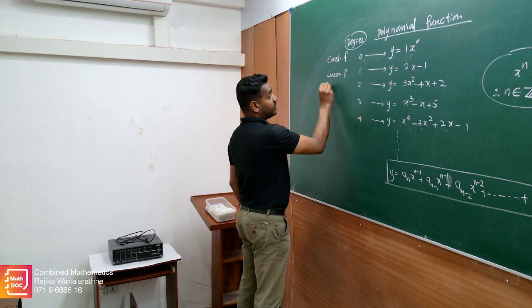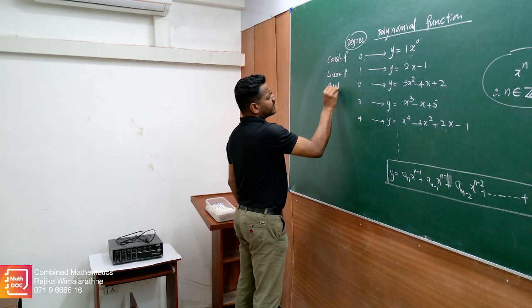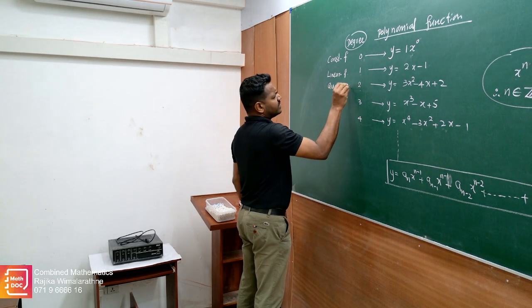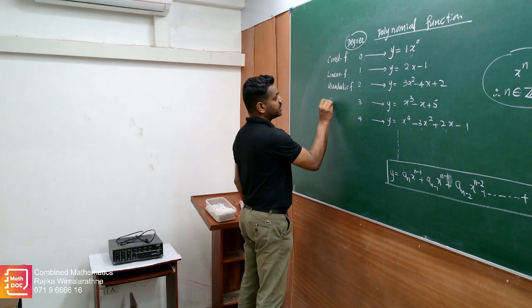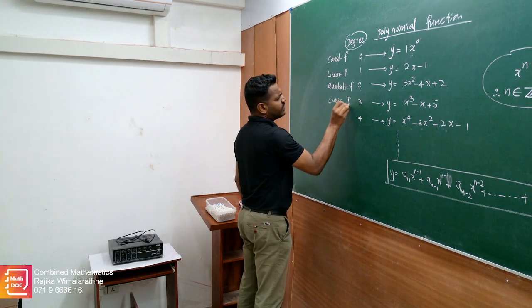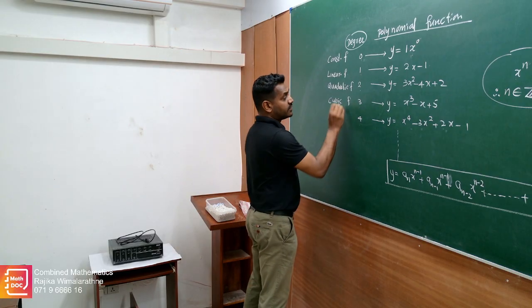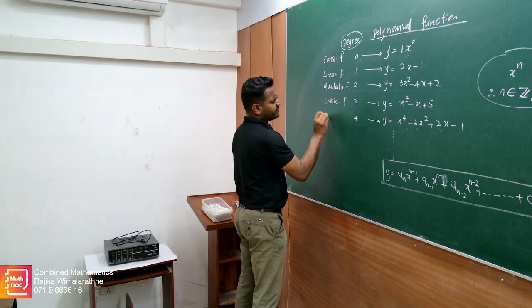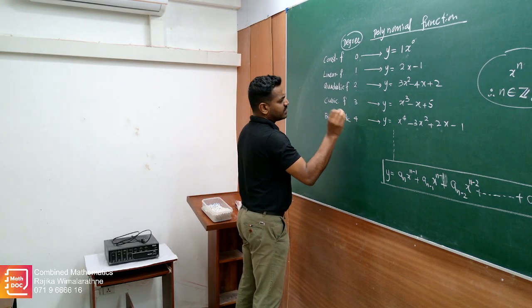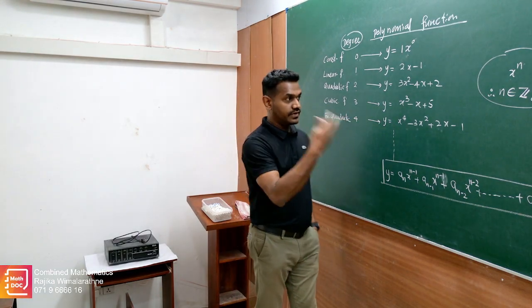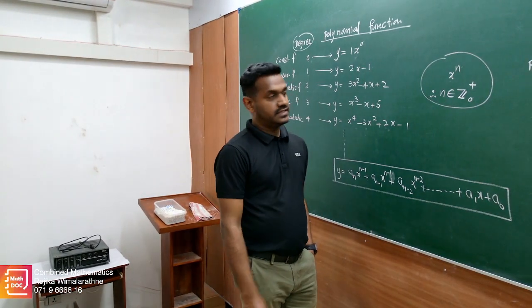A degree 2 relation we call a quadratic function. A degree 3 relation we call a cubic function. A degree 4 function we call a biquadratic function. All together they are polynomials.